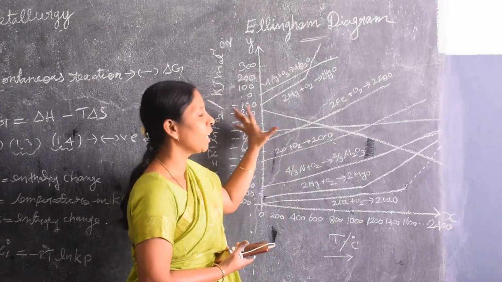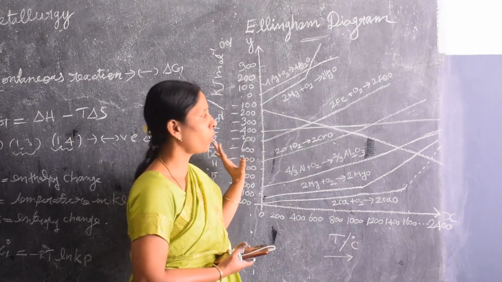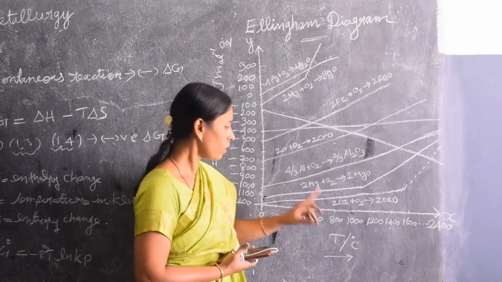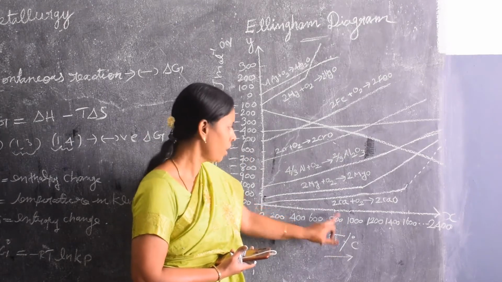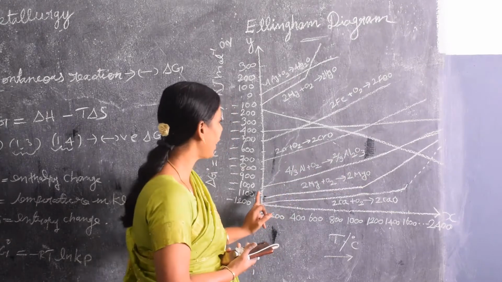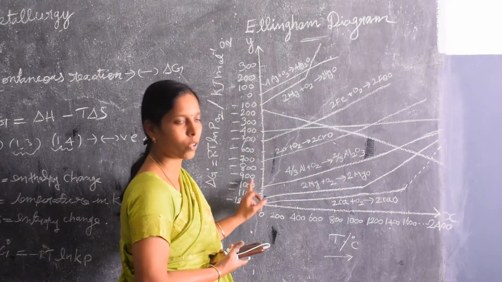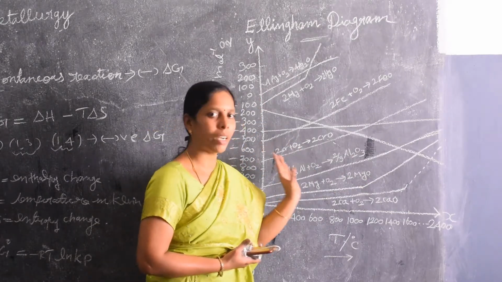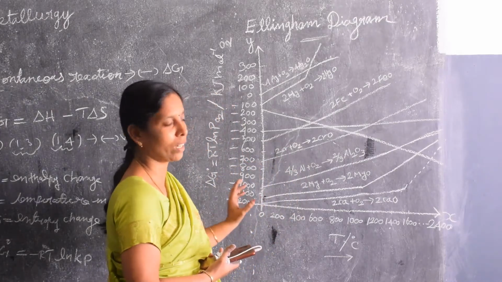This is called the Ellingham diagram. This is a very important 2 mark question. So the Ellingham diagram shows the formation of metal oxides and the variation of the delta G value with temperature.